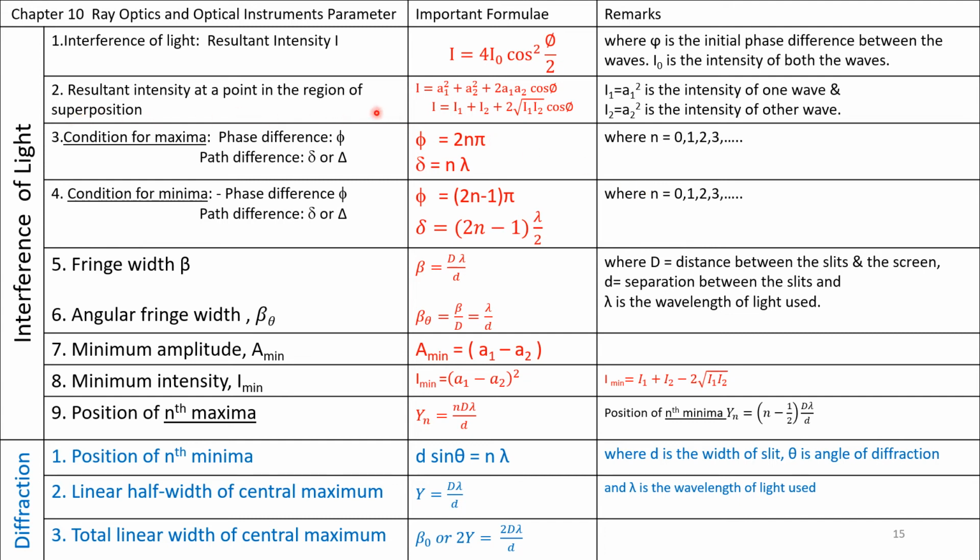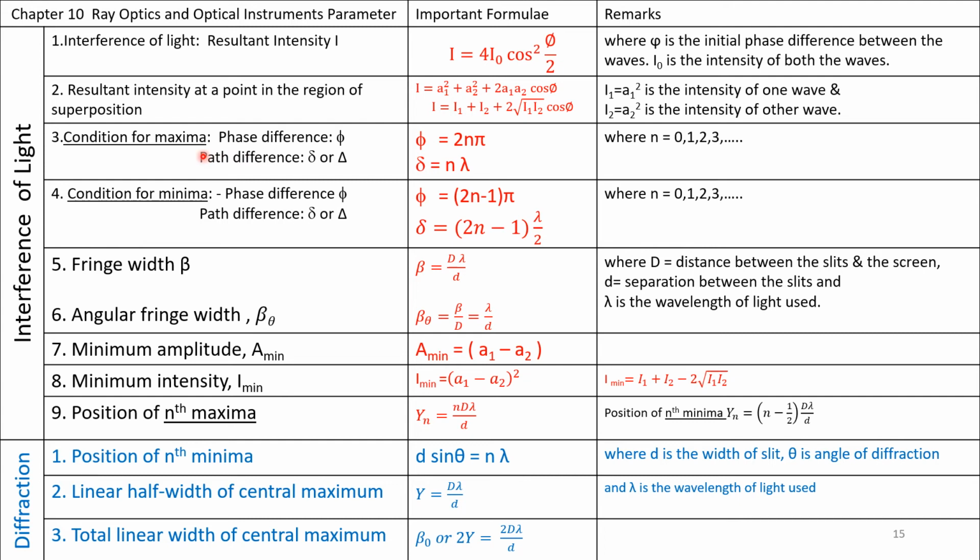So there are two waves with intensity I1 and I2, whose amplitudes are A1 and A2 respectively. Therefore, I is given by A1 square plus A2 square plus 2A1 A2 into cos phi, where phi is the phase difference. It is also given by I1 plus I2 plus 2 into square root of I1 I2 cos phi. Please note the difference. Here it is in terms of amplitude. The second equation is in terms of intensity.